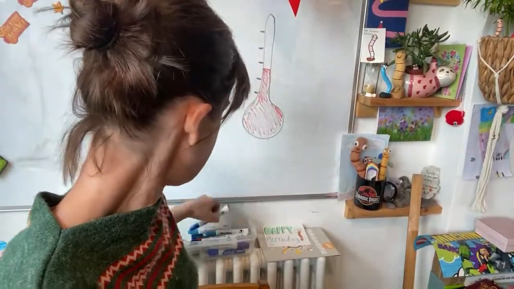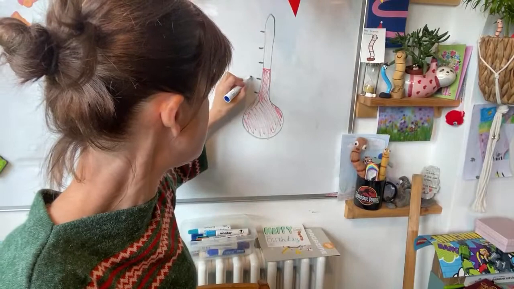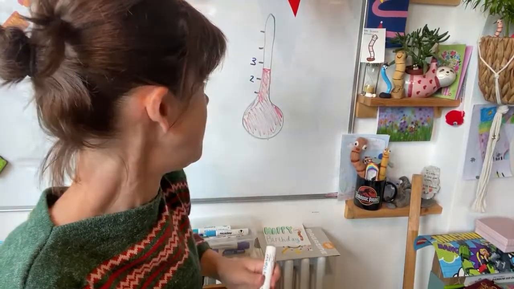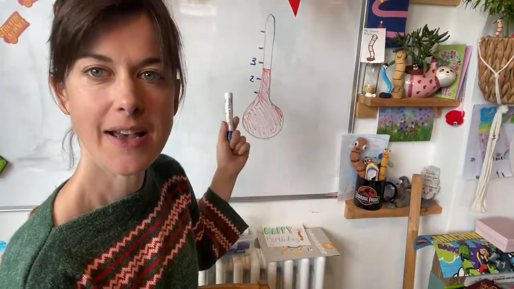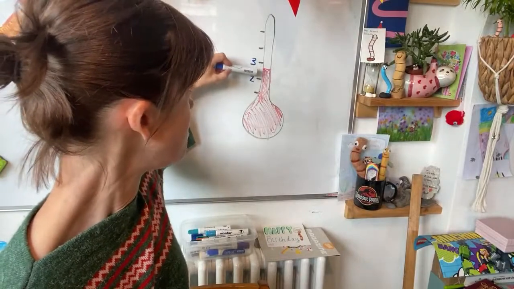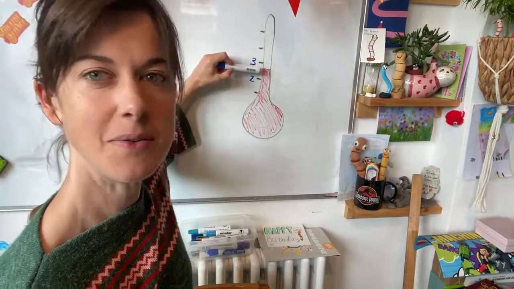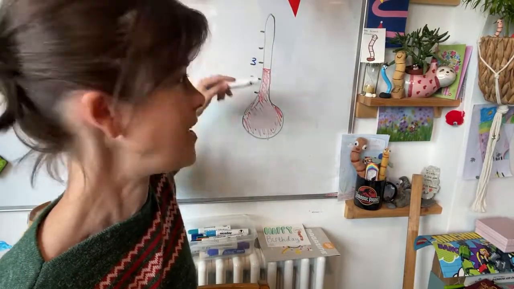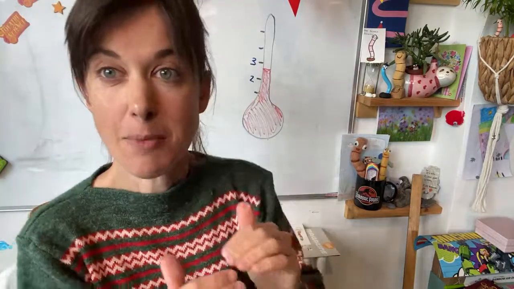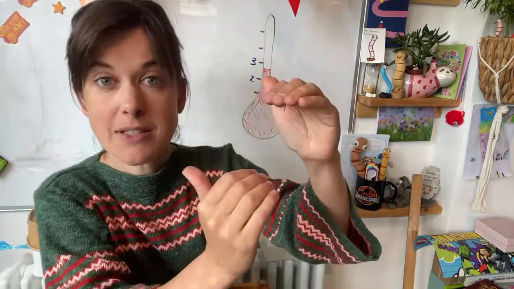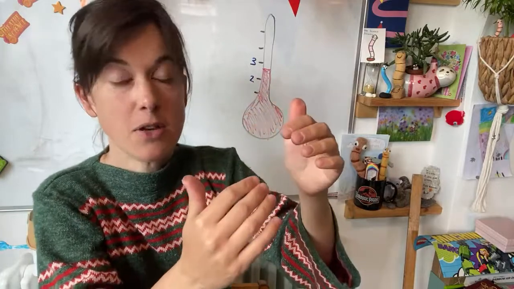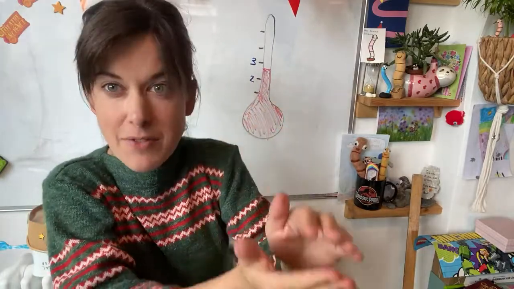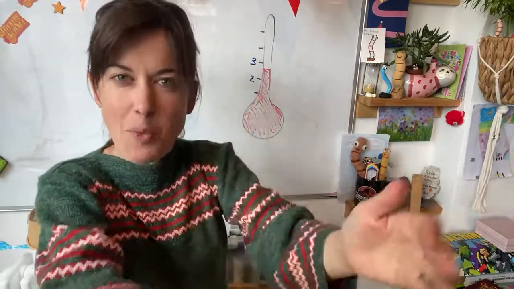Let's say this is 2 here, and this is 3. You could read the thermometer and say the temperature is just past 2.5, so you might say 2.6. But if you zoomed in, you might find it's actually between 2.6 and 2.7, like 2.65. And if you zoomed in even more, you could get an even more precise measurement.